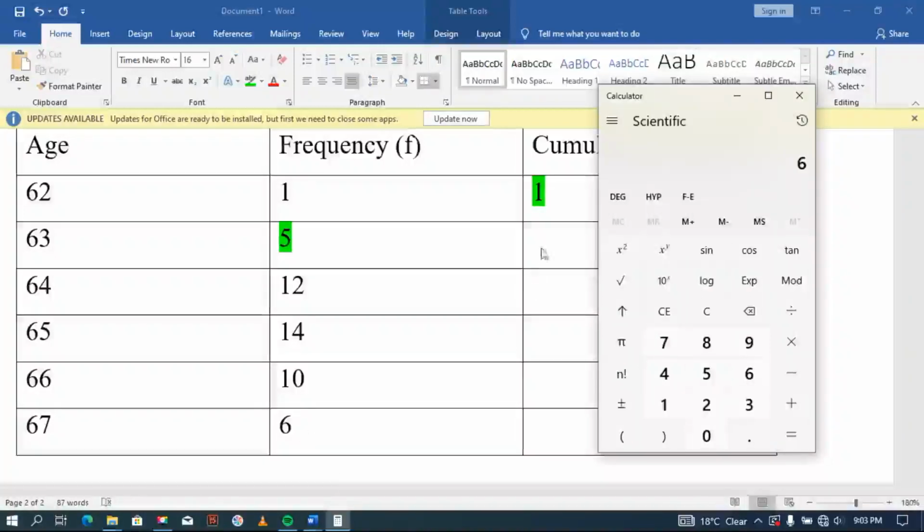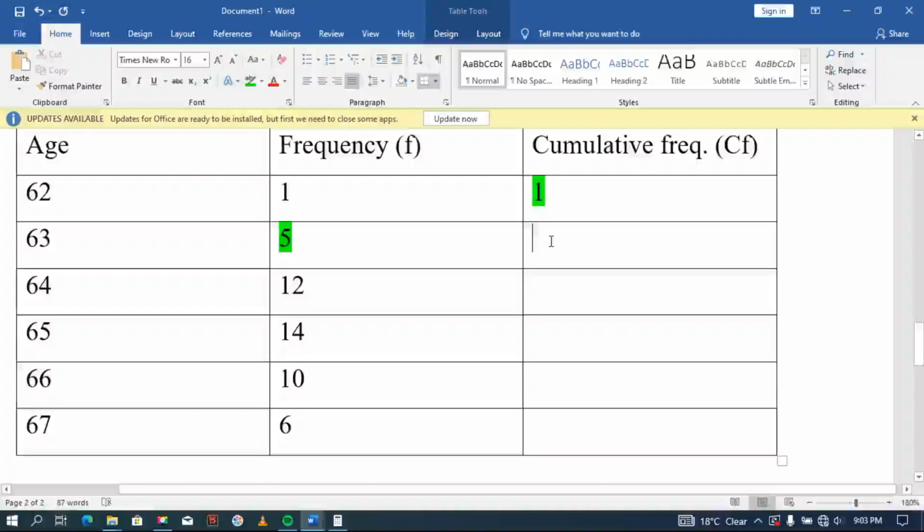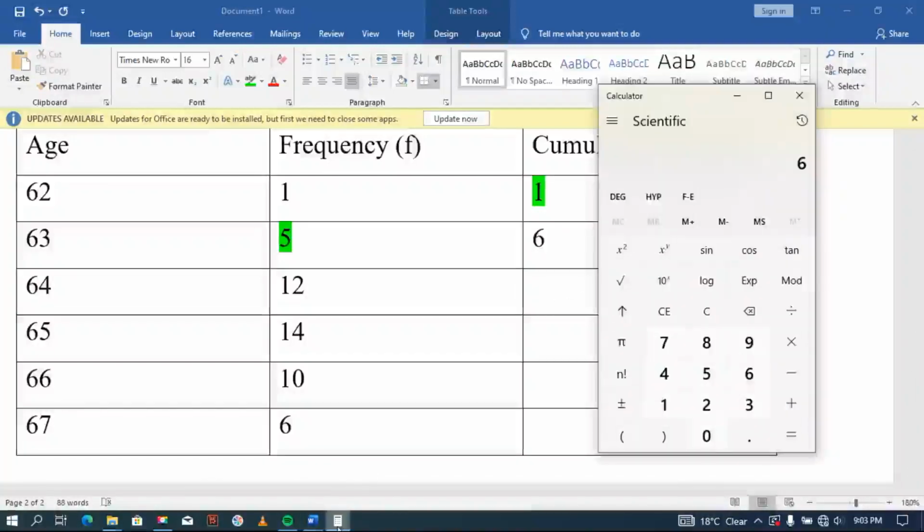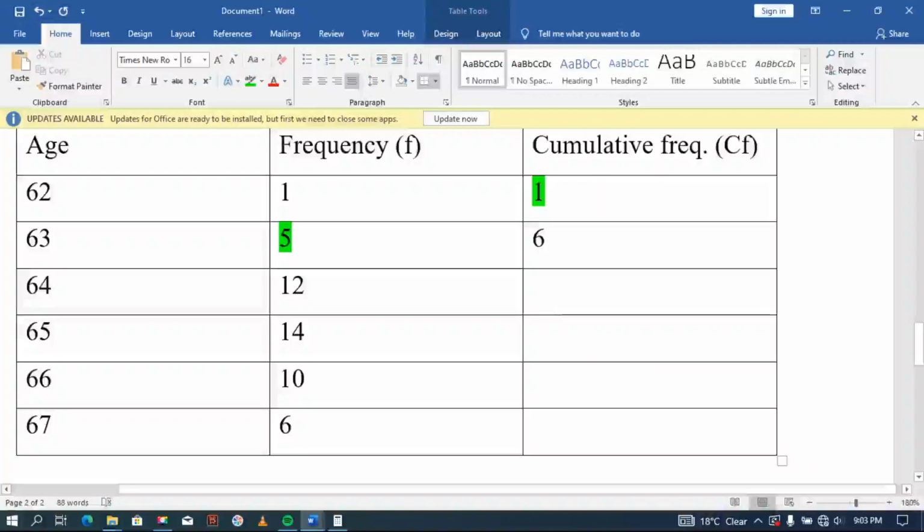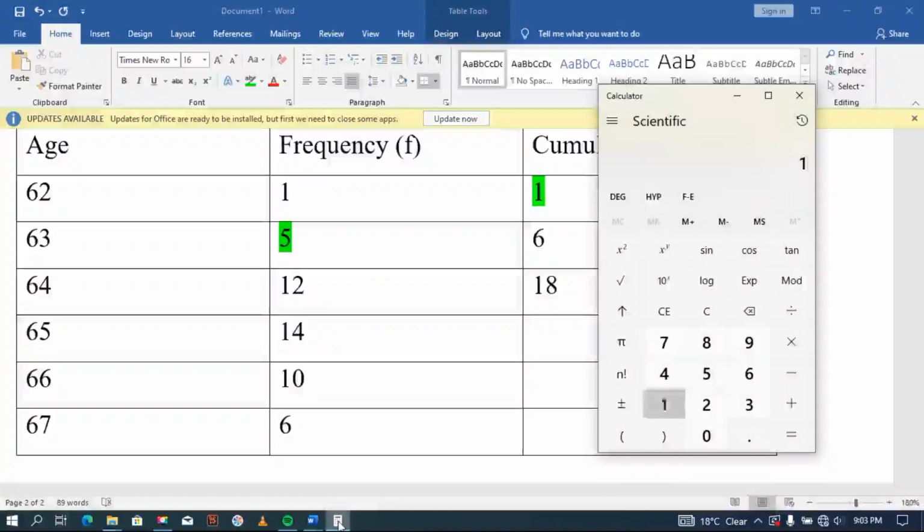Then we move on to the next. The previous cumulative frequency of 6 plus the next frequency of 12, we get 18. Then the previous cumulative frequency of 18 plus the frequency of 14, we get 32.